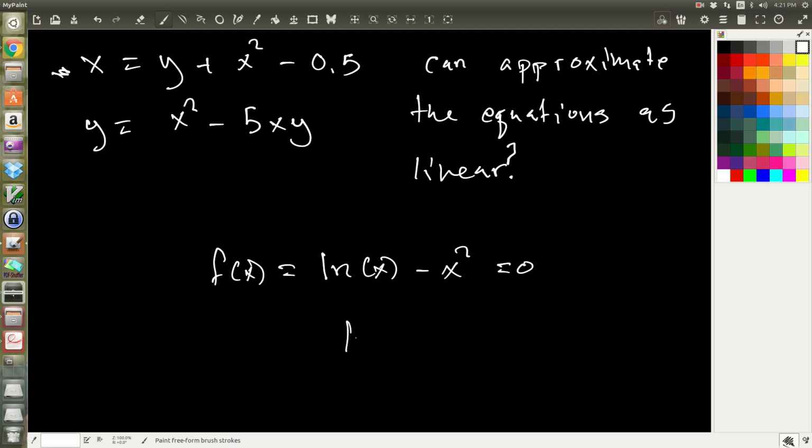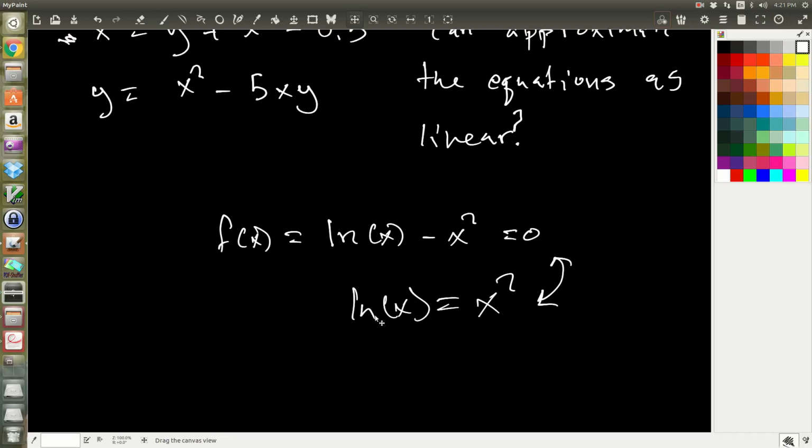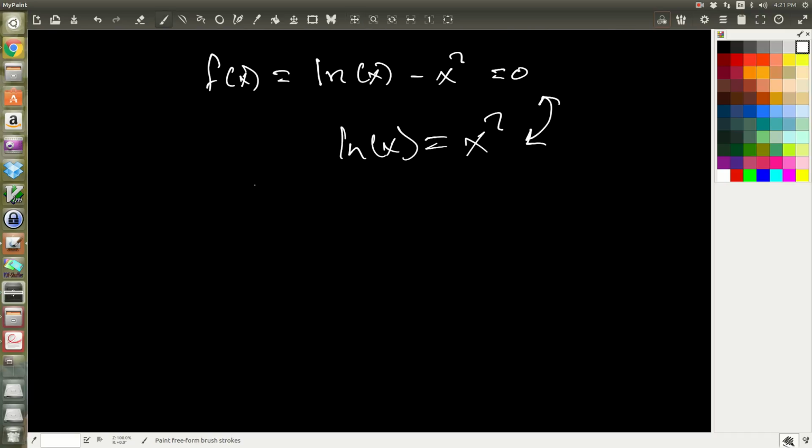So that could be written like this: ln of x equals x squared. This is a nonlinear equation with one unknown. So one unknown, one equation, we should be able to solve it. We did. The way we solved it was we turned it into a root finding problem, and then we used something like Newton's method.